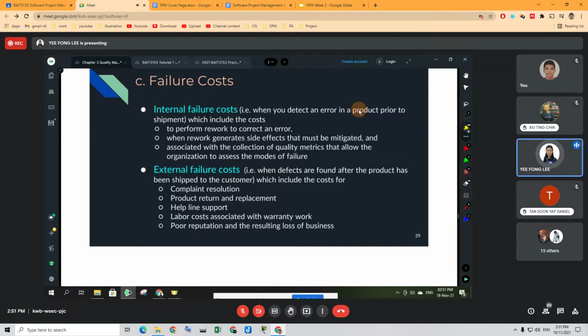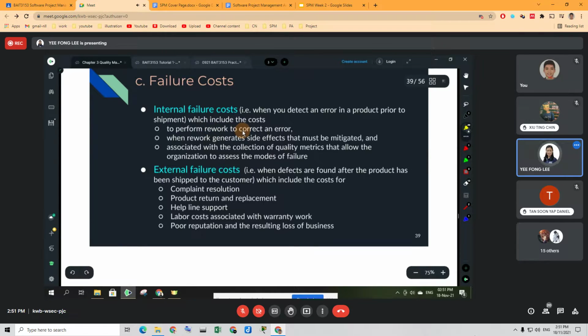What type of cost is here? Rework or correcting an error. It means they found some defect before shipping out, so they have to rework and make corrections before they send it out. So this is an internal failure cost.